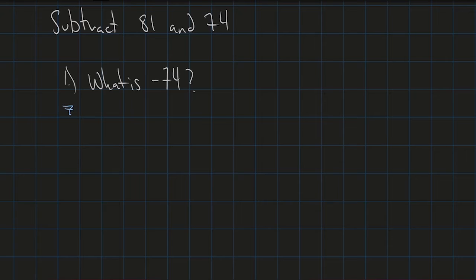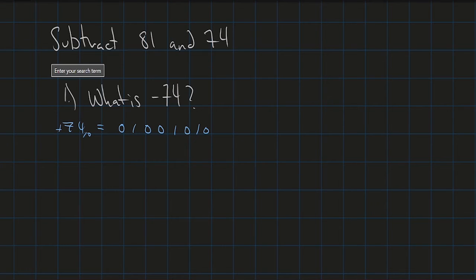Just as a reminder, positive 74 in binary would be equivalent to 0, 1, 0, 0, 1, 0, 1, 0. So your first assumption might be that we need to set one of these bits to evaluate as a sign.